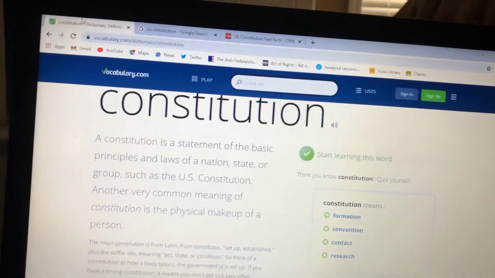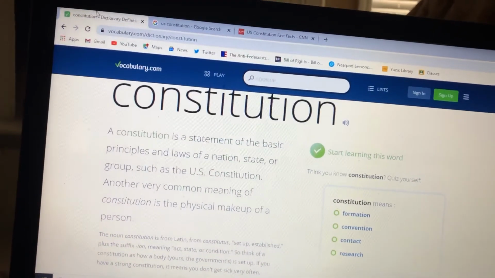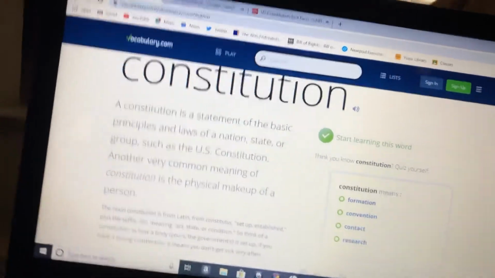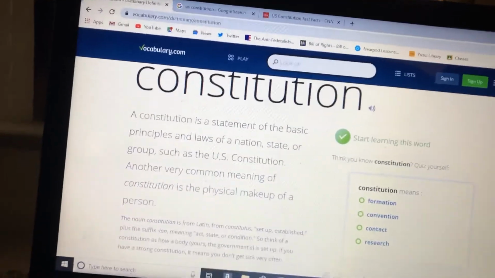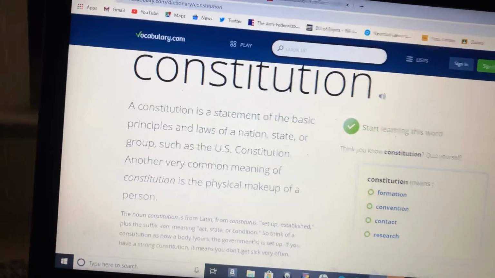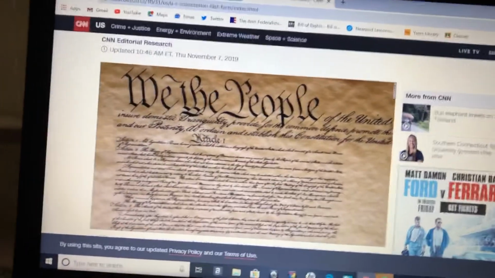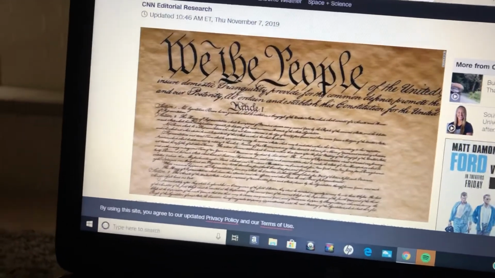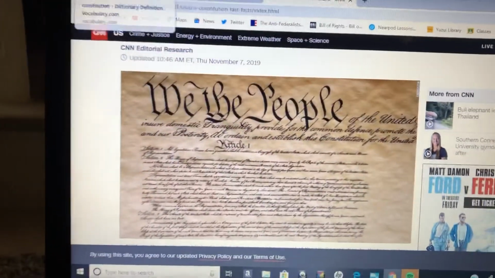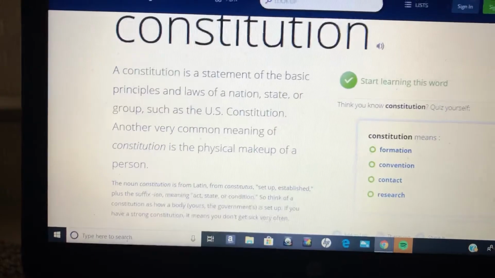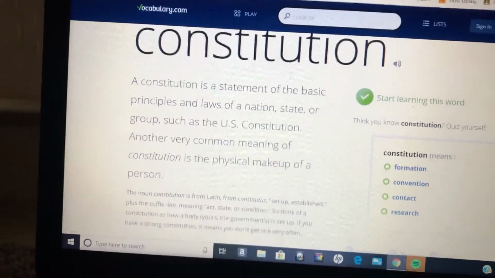Some similar words are also convention. You'll see that pop up a lot during history. And again, the term is constitution.